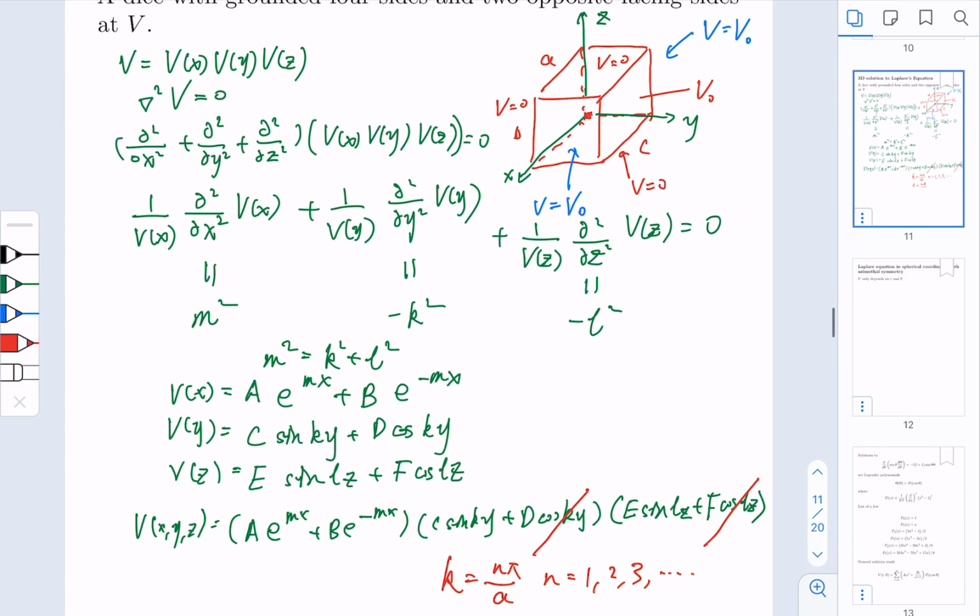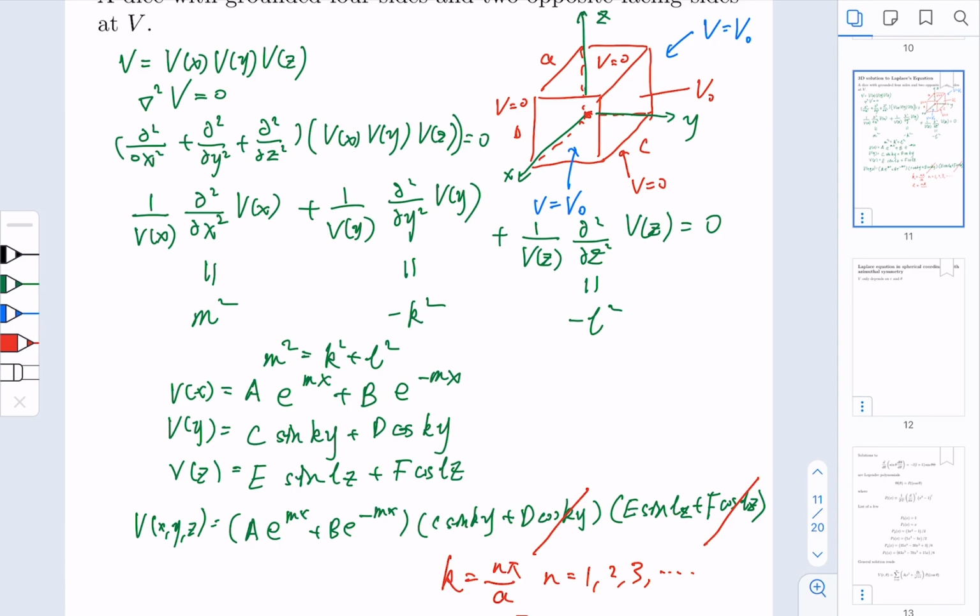So along the y-axis, it should be, sorry, I haven't specified the ABC correctly.